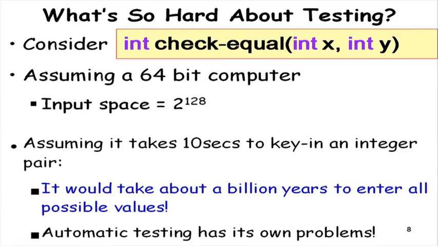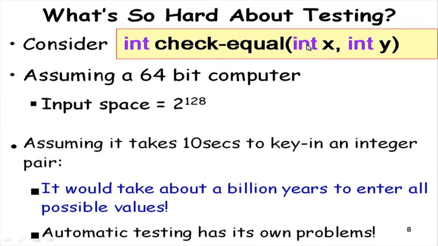But if we want to test exhaustively whether it works for all possible values of x and y, we will have to consider the domain size for x and y. Assuming a 64-bit computer, the domain size for x is 2 to the power 64, and similarly for y it is 2 to the power 64.